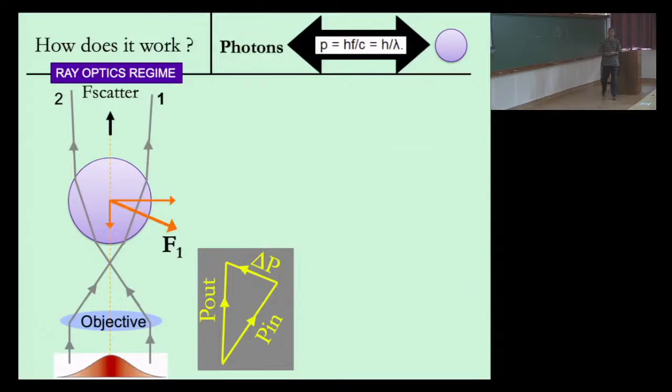Because of the passage of a single photon, there is going to be a little kick on this object in this direction. This little kick can be resolved into two components. This component will, to some extent, balance out the scatter force, and this component is in this direction.